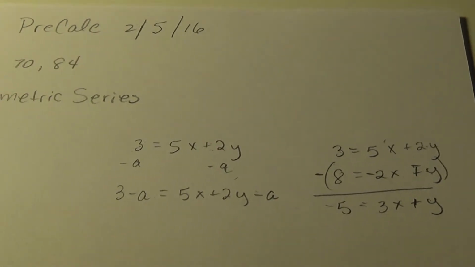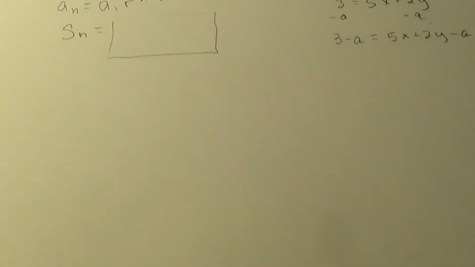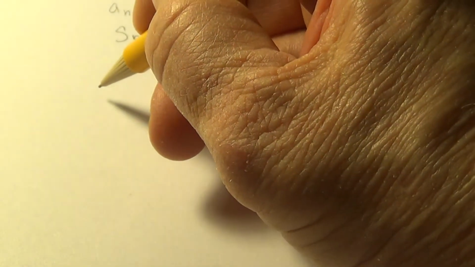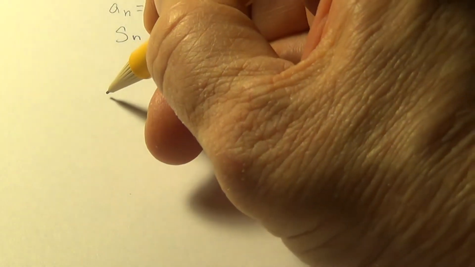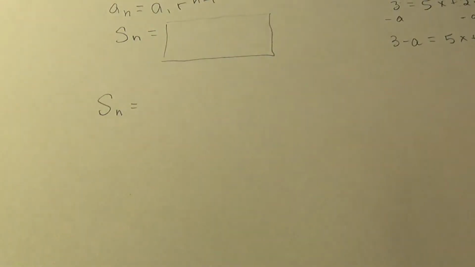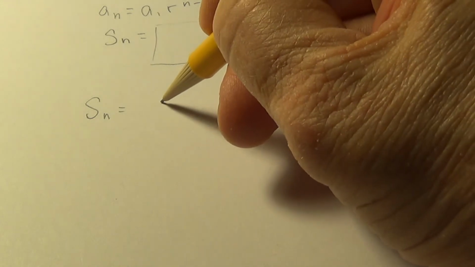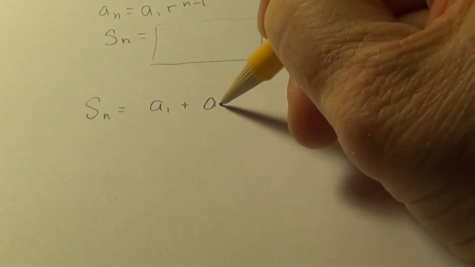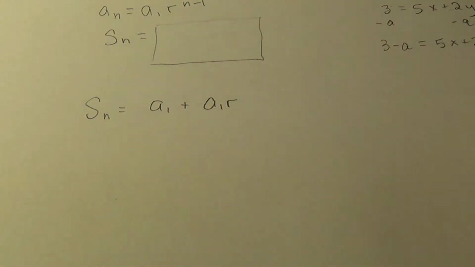So let's look in a more general way to use that principle. We could get the sum of n terms in the geometric pattern by starting with the first term, adding the next term, which is a sub 1 times the common ratio.